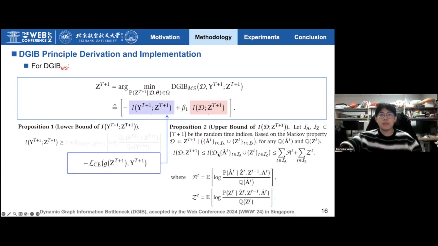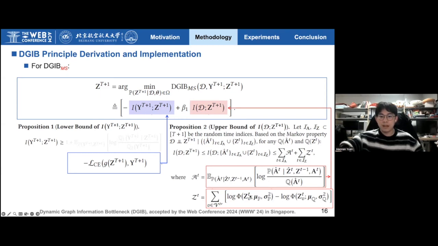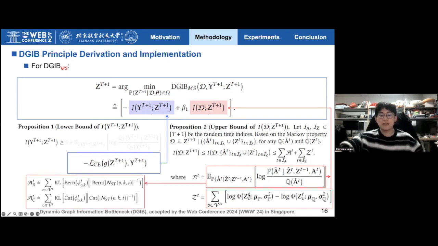And the upper bound of the mutual information can be calculated by means of distribution sampling and variational approximation. According to different methods of distribution sampling, two different approximate methods can be used here, namely Bernoulli distribution sampling and categorical distribution sampling.